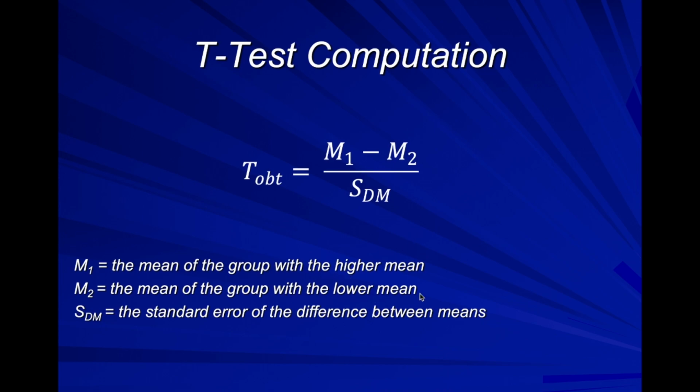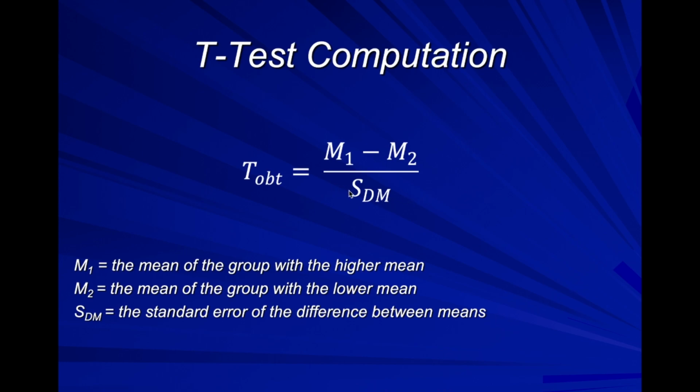They can be used interchangeably here, and the reason for that is you do not want a negative t-test. So it doesn't really matter which mean you put first, because the whole idea is to answer the question, is there a difference between the groups? And this difference is going to be based on probability. It's going to be based on using the t distribution, and there you have it.